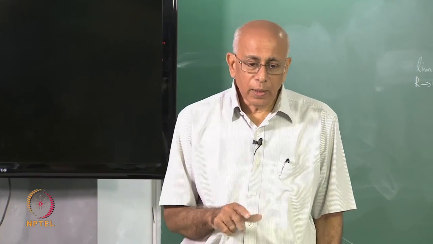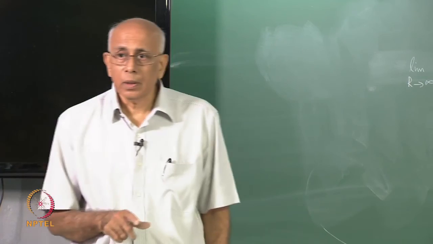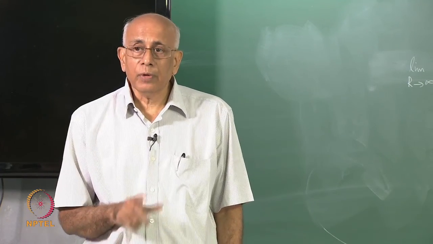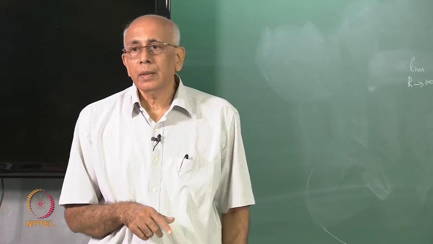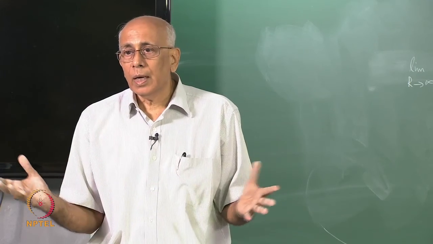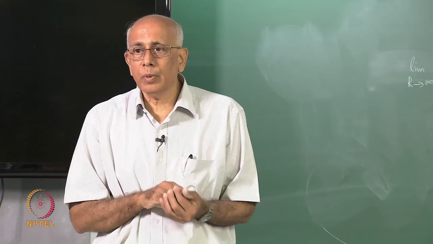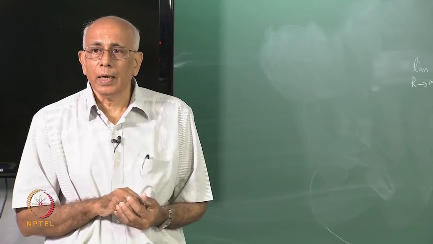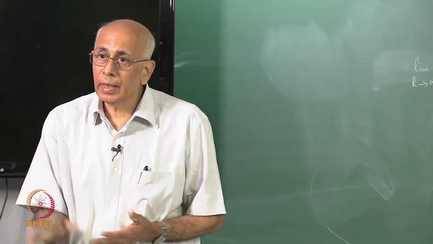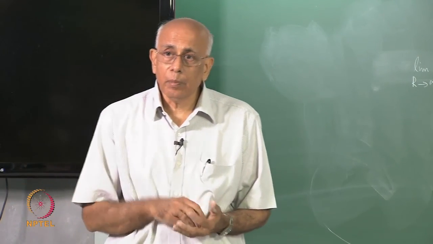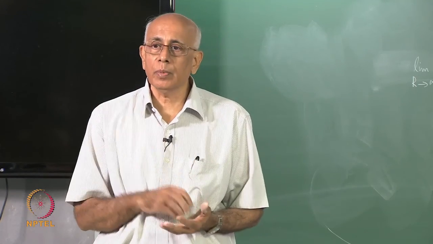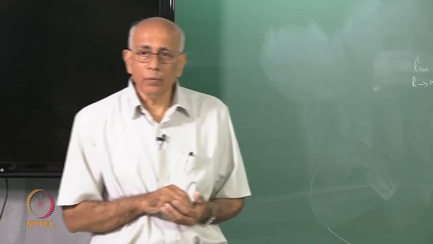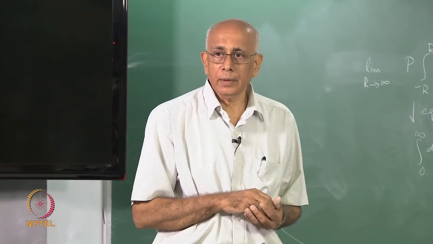We will subsequently come across other singularities called branch points, where the function need not blow up, but the function would be multiple valued, and those values would coincide at some special point. At those points the function is not analytic, you cannot do a Taylor series, but the function does not blow up at that point. We have not come across those singularities as yet.